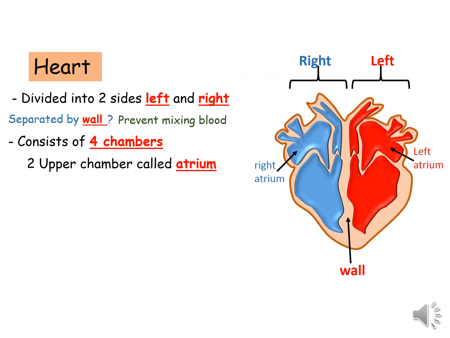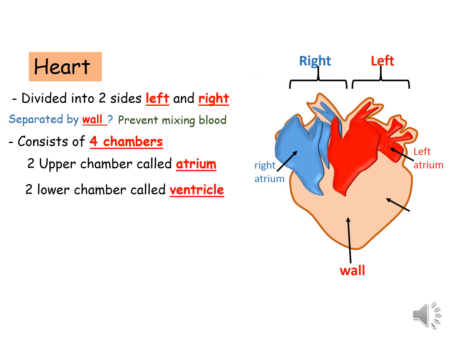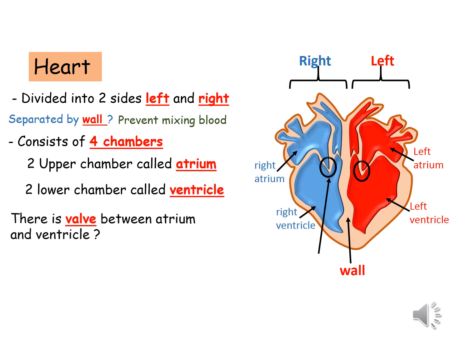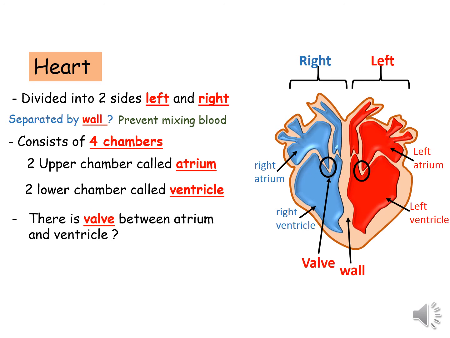Two upper chambers are called atria. Two lower chambers are called ventricles. There is a wall between atrium and ventricle to allow blood to move in one direction, from atrium to ventricle, and to prevent it returning back again.